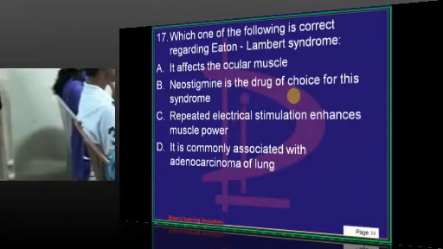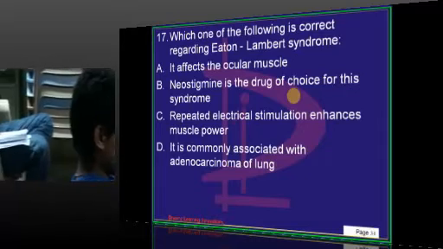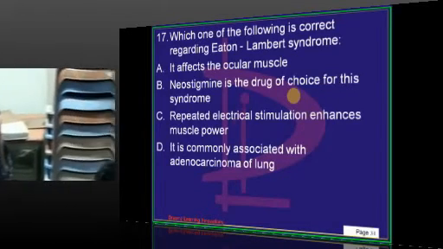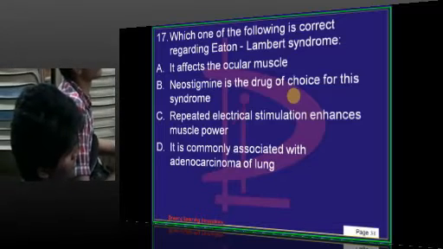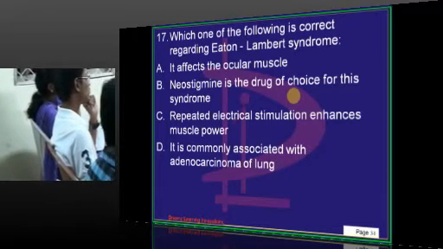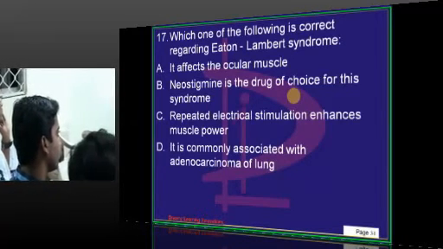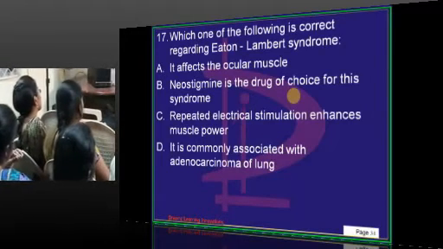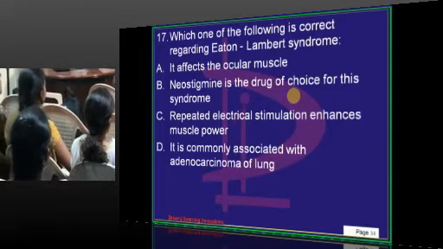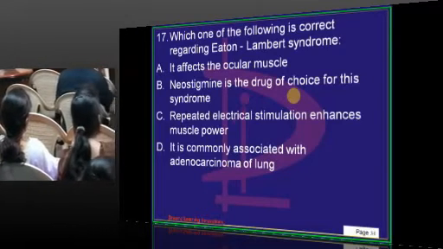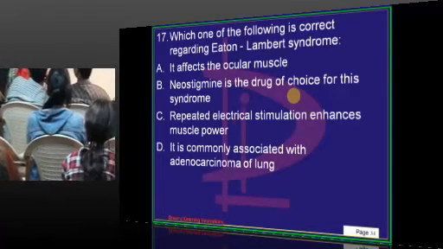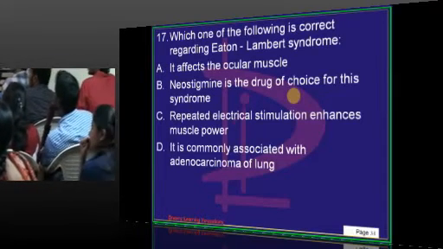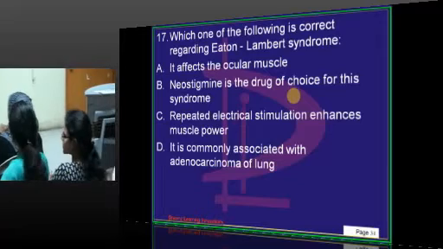And they will go and destroy the postsynaptic receptors. So though the acetylcholine is released when the nerve is stimulated, the number of receptors is very sparse. That little neurotransmitter released doesn't know where to go and bind. Before it goes and looks at where to bind, what will happen? Muscle doesn't contract. So muscle weakness is there. That is the story of myasthenia gravis.